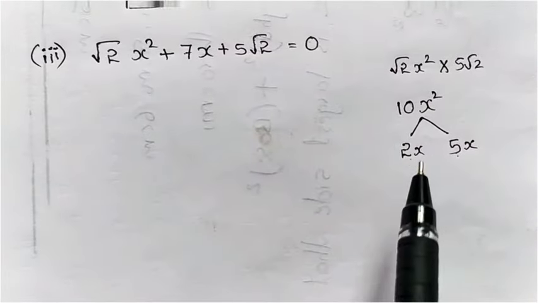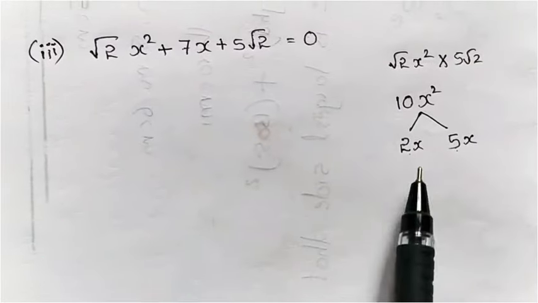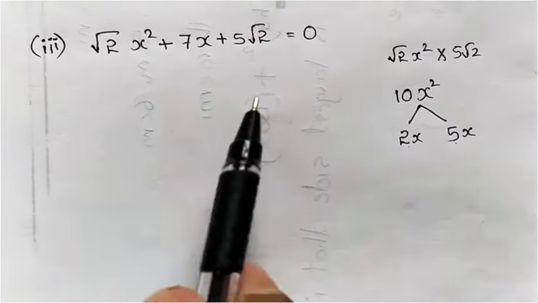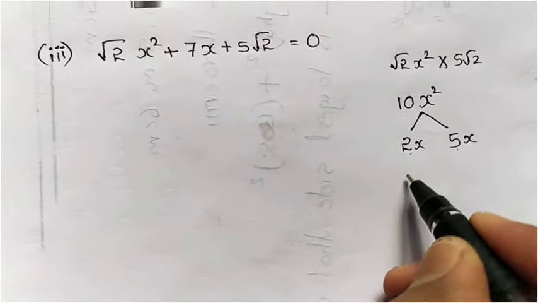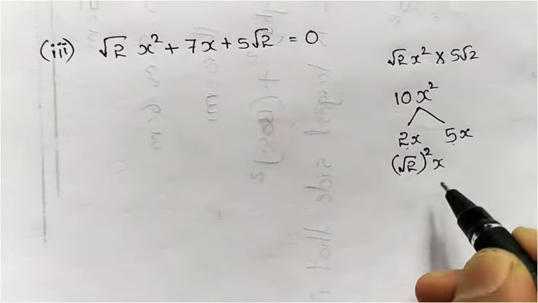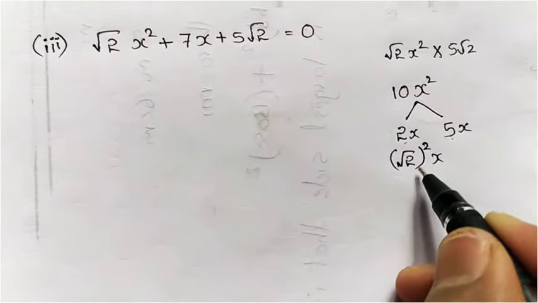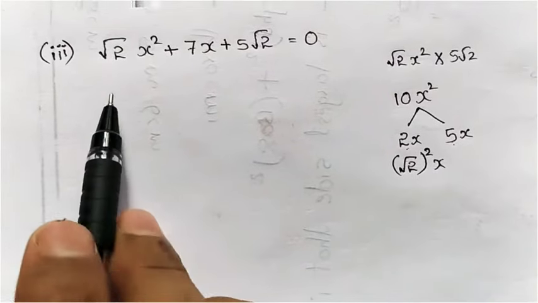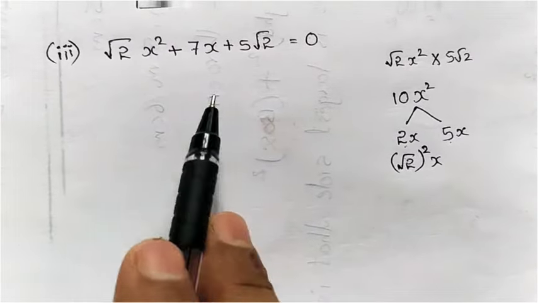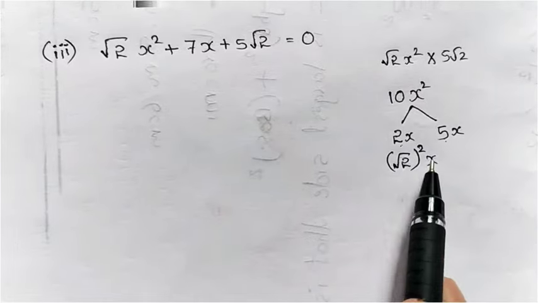Okay, here I will make one small modification, because root 2 x square is there. To take root 2 common, I will write 2x as root 2 whole square x. See, if I remove the square and root, again we get 2x only. But for our simplification, to take the common factor, I am writing 2x as root 2 whole square x.